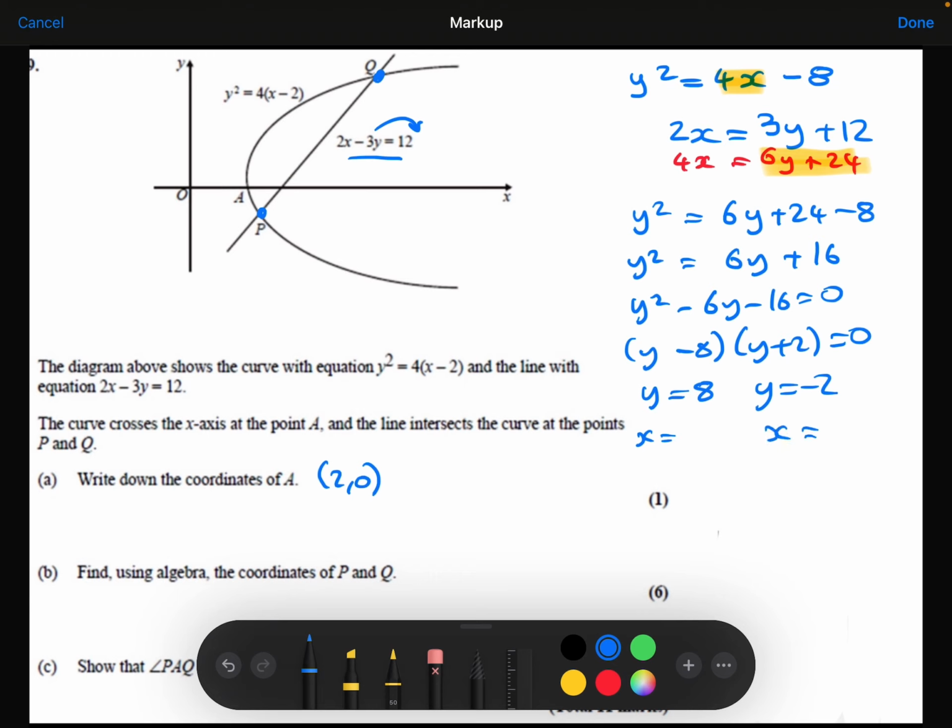I'm going to substitute those y coordinates into this equation. So 3 times the 8, so I'm just substituting 8 in here now. 3 times 8 is 24, plus the 12 is 36. Dividing by that 2 is 18.